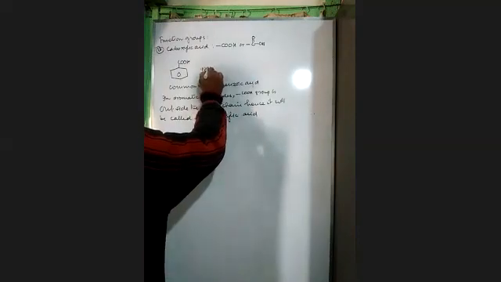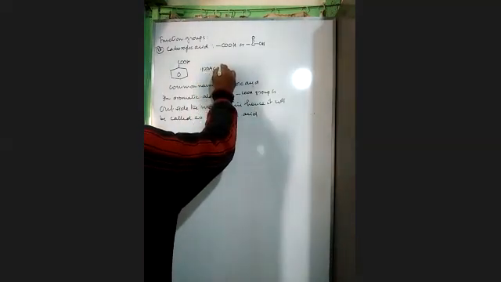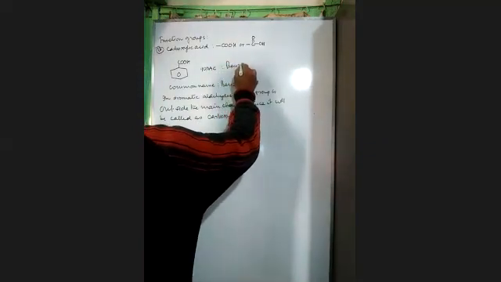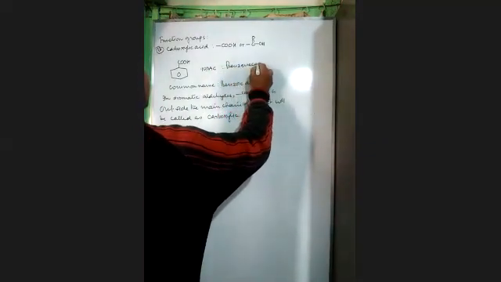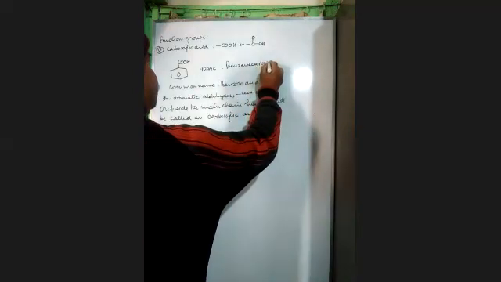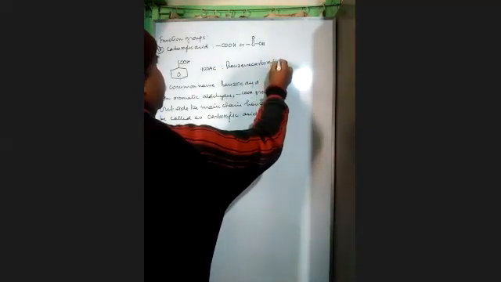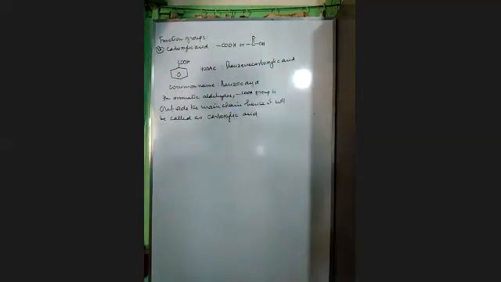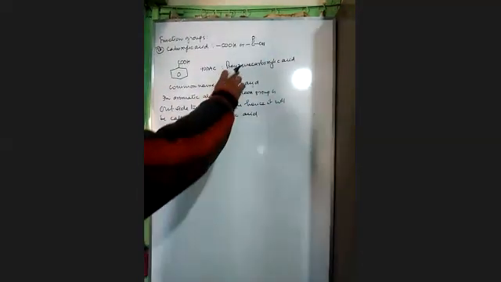The IUPAC name is called benzene carboxylic acid, because C is not a vowel, so E will be there.